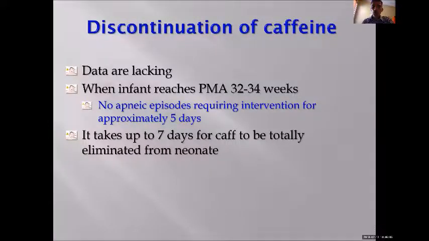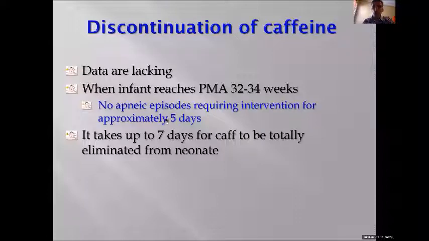When to discontinue? No data. Most of us previously were discontinuing at 32, 34 weeks when the baby is free of apnea for 5 to 10 days, 5 to 7 days. If you discontinue the caffeine today, then you need to keep the baby in the hospital for 7 days to record that there is no apnea before sending home.